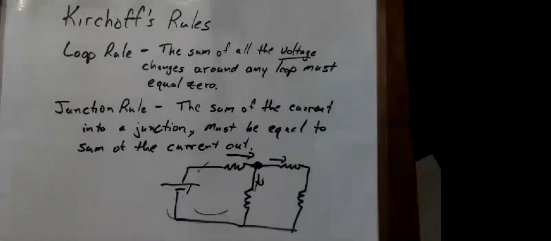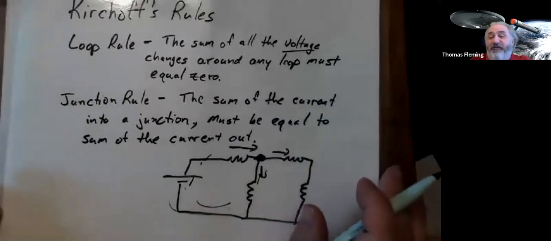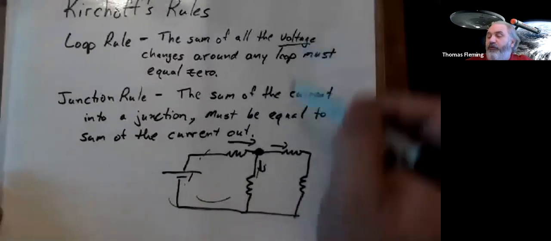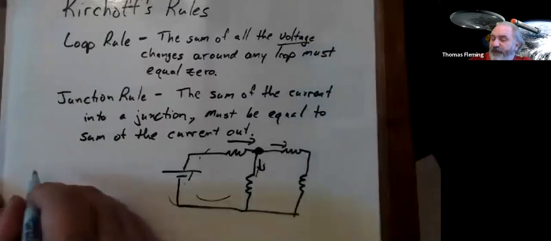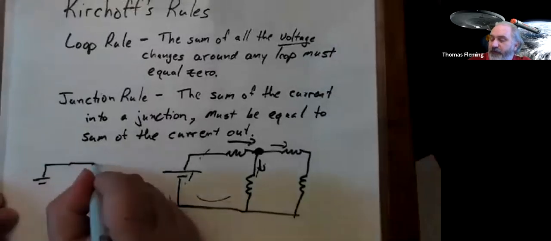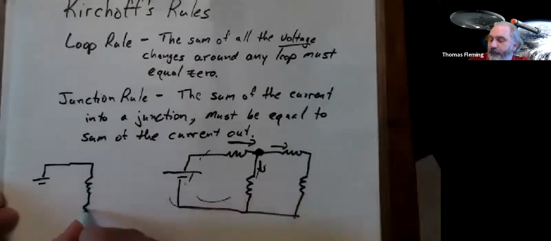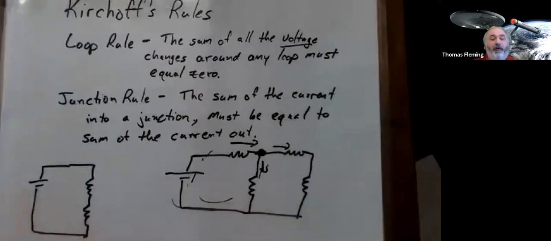So, back when we did the equivalent resistance rules and the equivalent capacitance rules, we were secretly using Kirchhoff's rules, because how did we motivate some of those rules? Well, if I had 2 resistors in series, we made some assumptions about those, right?